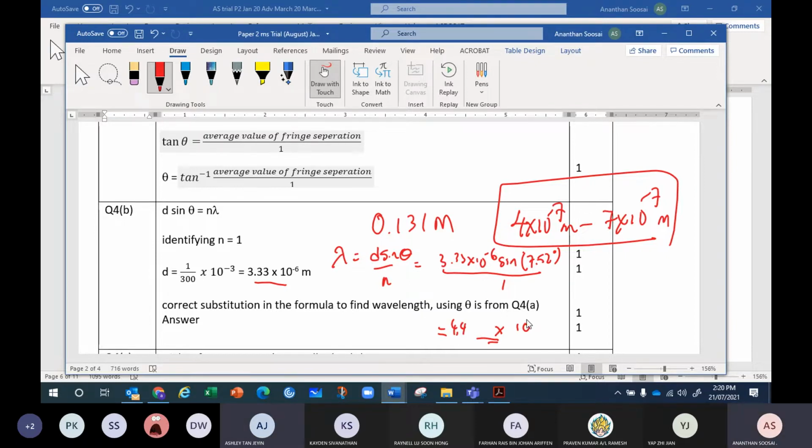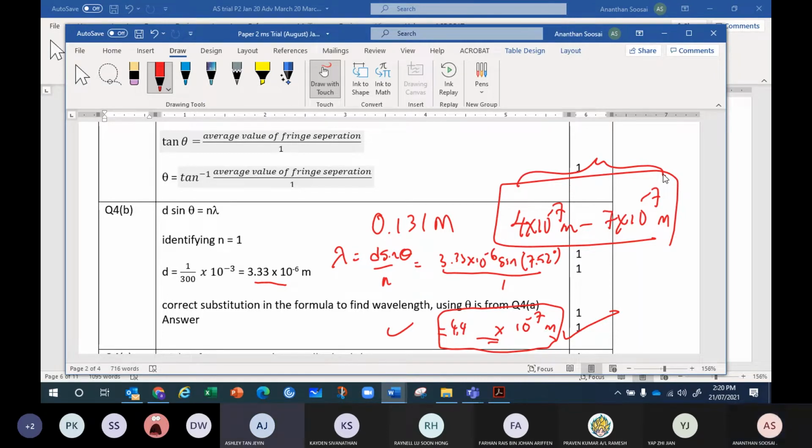Okay, this looks okay, it's in the visible range. Because the answer is not given here, they just give marks for the substitution. So 4.4 times 10 to the power of -7 is relevant because it falls in the visible range.